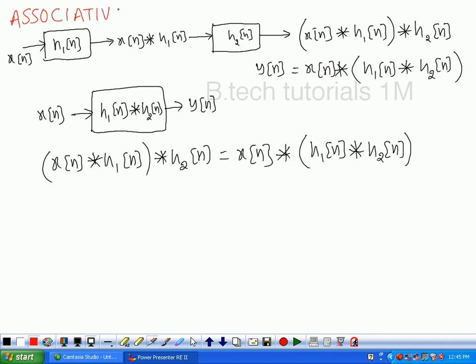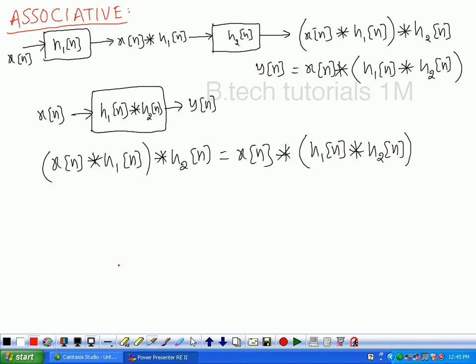So associative property of the convolution. So according to the associative property of the convolution, when two systems are in cascade, then the impulse response of the overall system is convolution of the individual impulse responses.